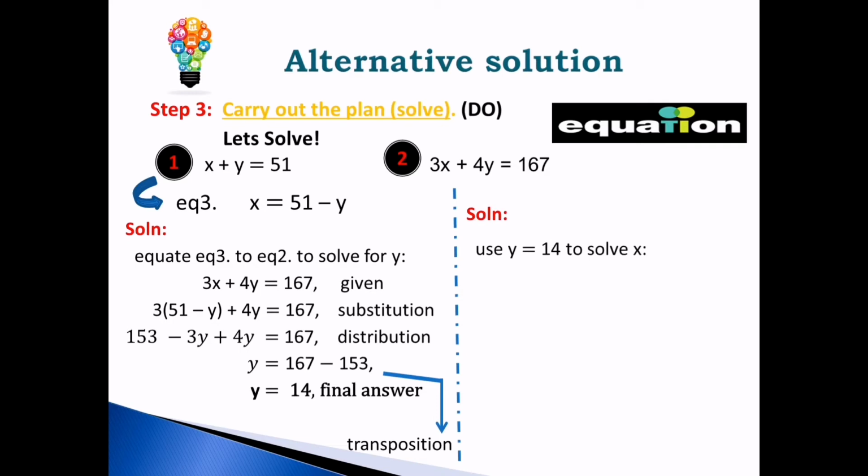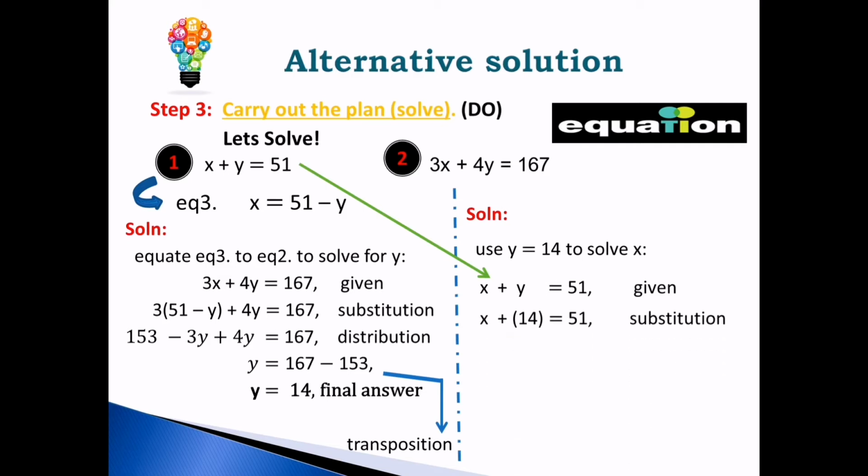Now it's up to you which equation you're going to use, either equation 1 or equation 2. Since equation 1 is simpler and not complicated, I'm going to use equation 1. Then I am going to substitute the value of y as 14.